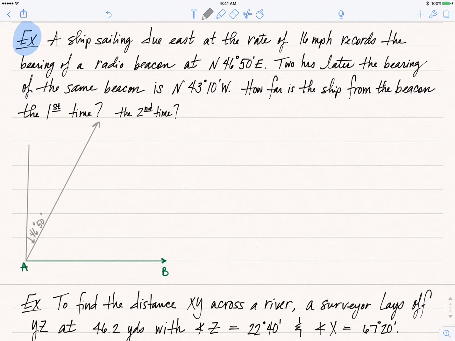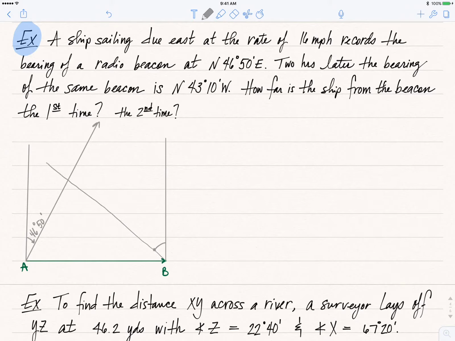Now, 2 hours later, and I'll deal with that 2 hours in just a moment, the bearing of the same beacon is northwest. Well, now the ship is sitting at point B, and now he sees there's the north line again, but that bearing is not straight north, it's northwest, and west is back to the left.